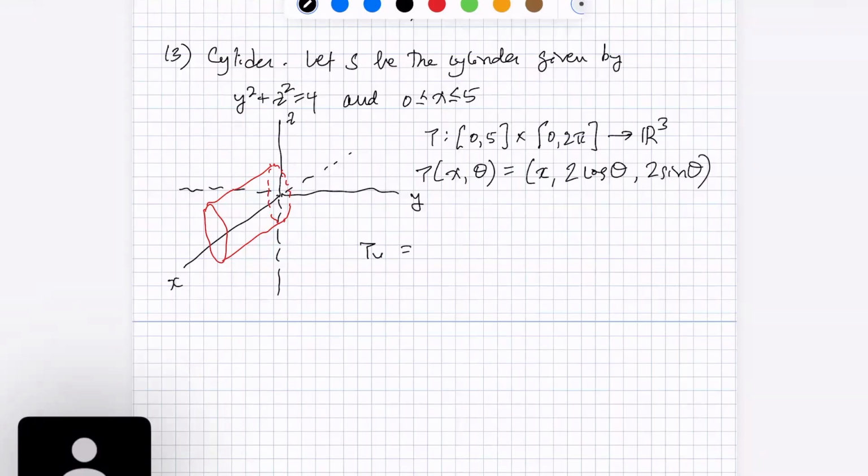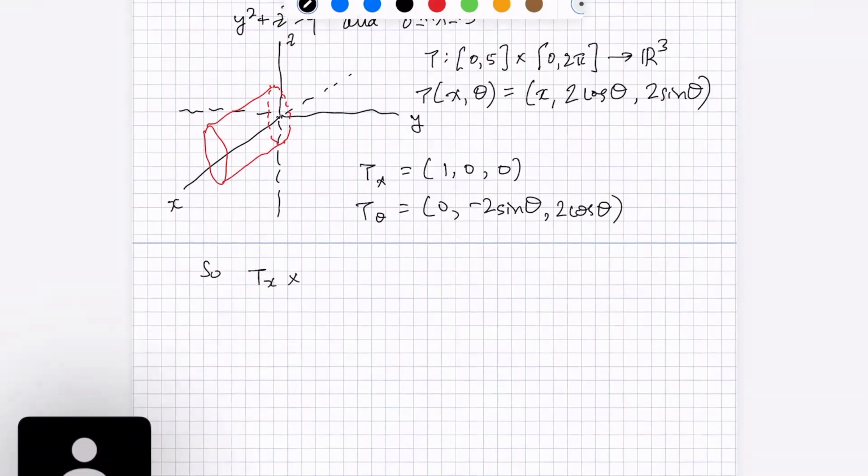So T_x is equal to (1, 0, 0), and T_theta is (0, minus 2 sine theta, 2 cosine theta).